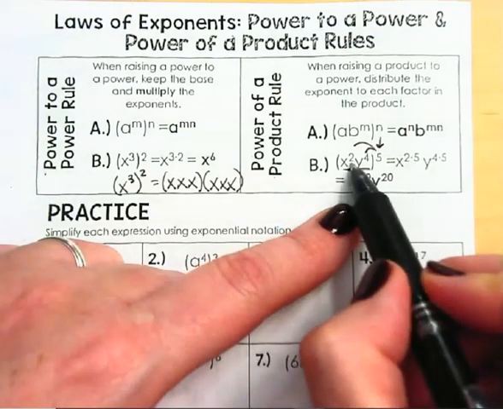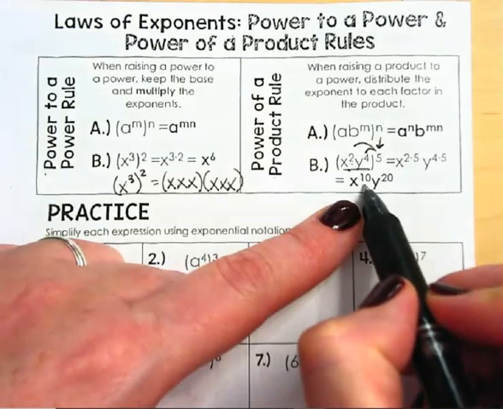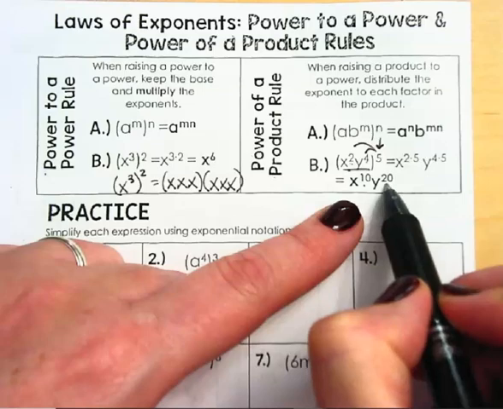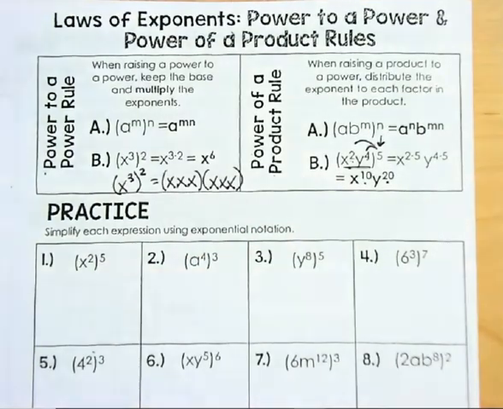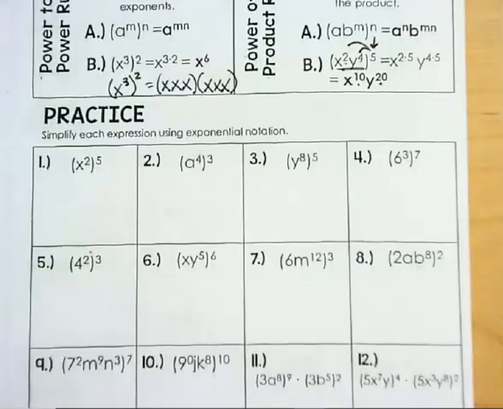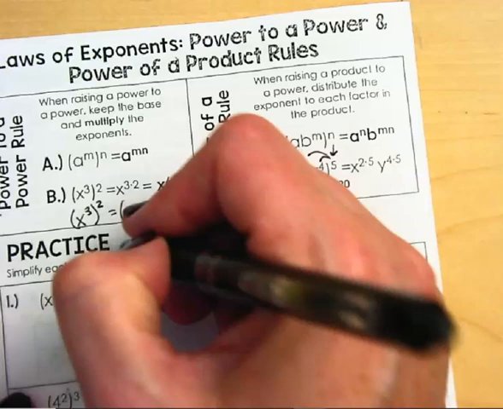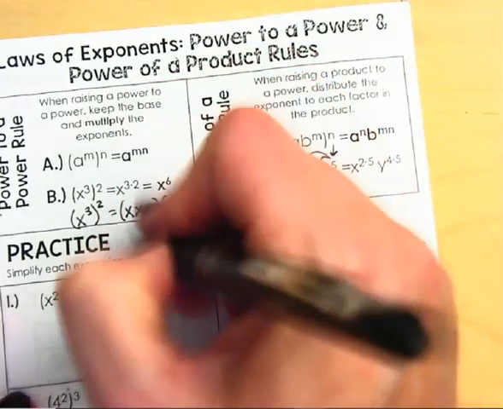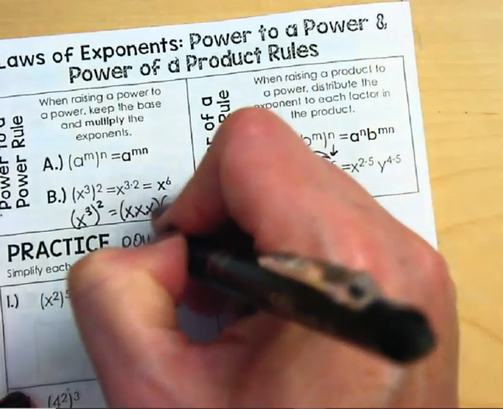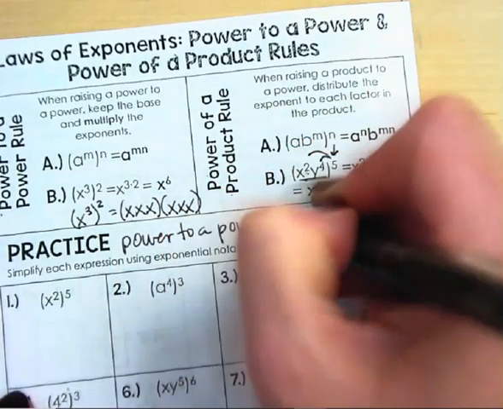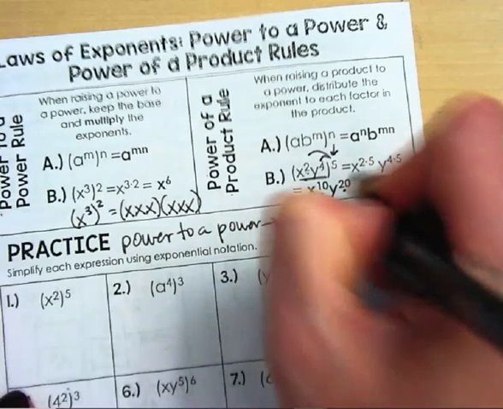So for the x, 2 times 5 is a power of 10. And for the y, 4 times 5 is a power of 20. So on these example situations, or for the shortcut by the word practice, just write to yourself that power to a power means to multiply powers.